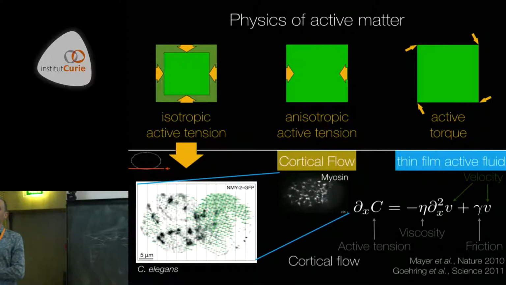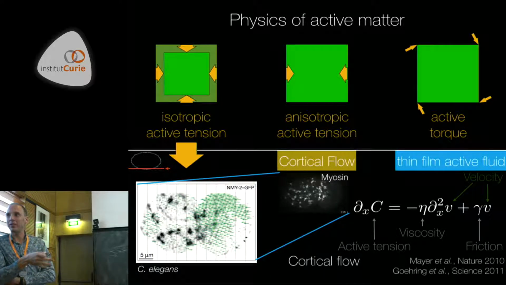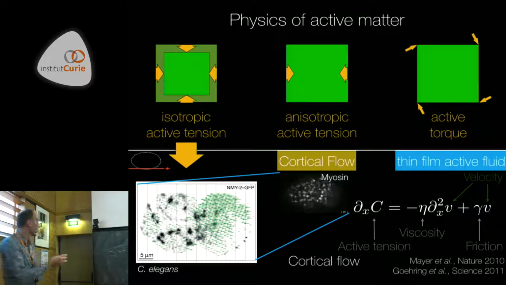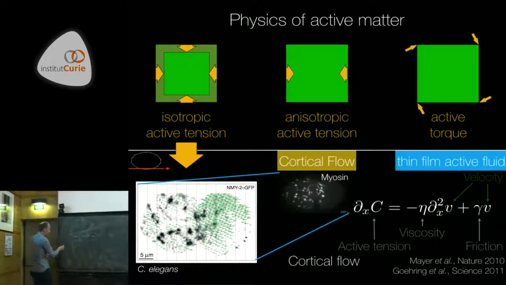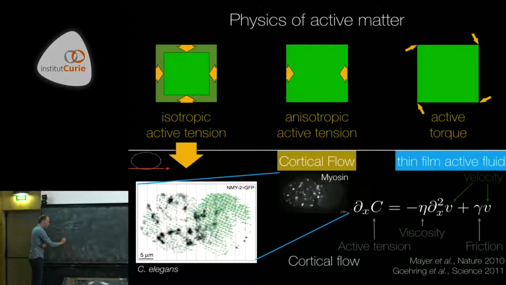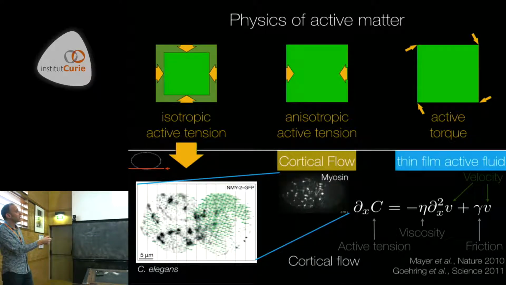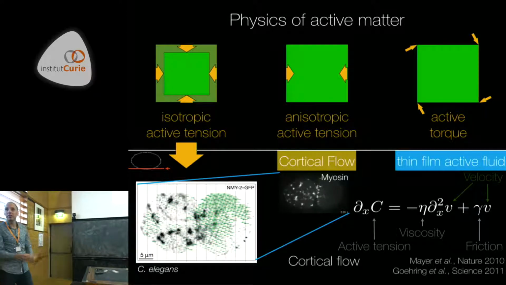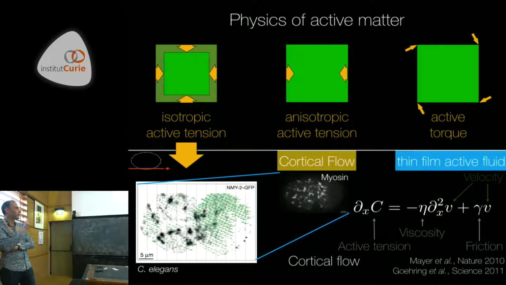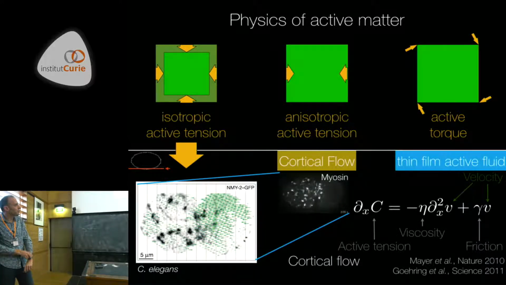Of course, it's very complex. There's dissipation inside the cell, and you really have to solve a full 3D hydrodynamic problem. What we've done is we've captured all of the dissipation inside in a simple effective friction coefficient gamma. That friction is a per-area friction coefficient. So this per-area friction coefficient and this effective two-dimensional viscosity together set a length. And this length has actually been put forward first by Guillaume and Jean-François.